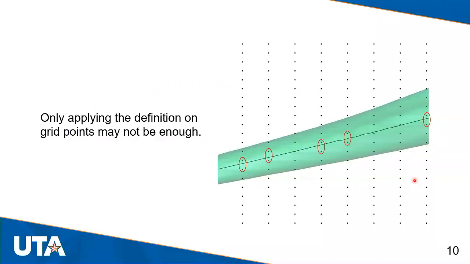This is the grid of our DNS simulation, right? DNS is already using a lot of points, but even at the DNS level of grid points, there are some big gaps.